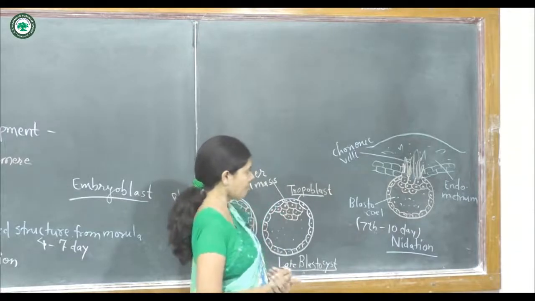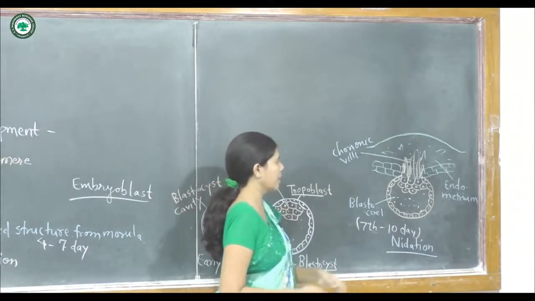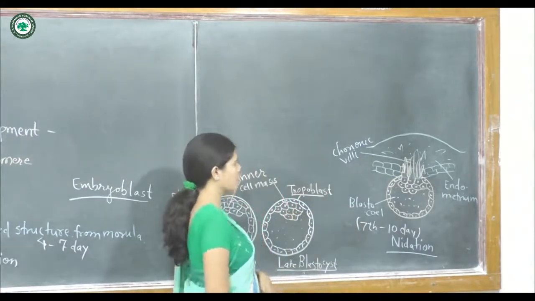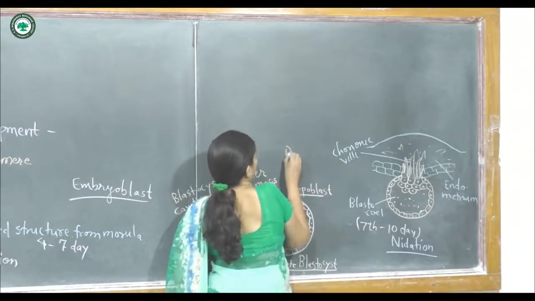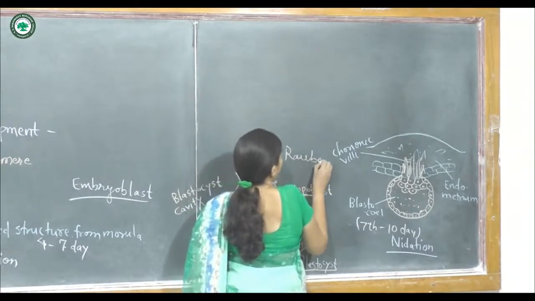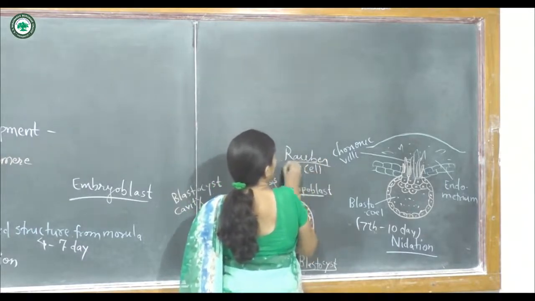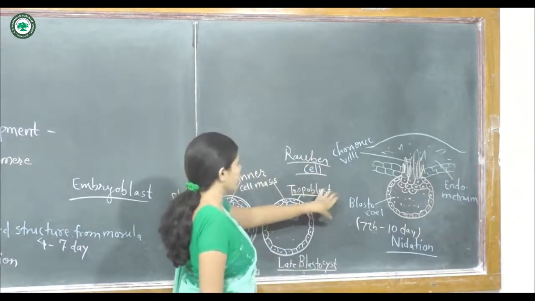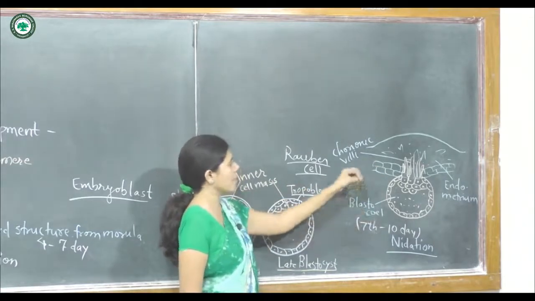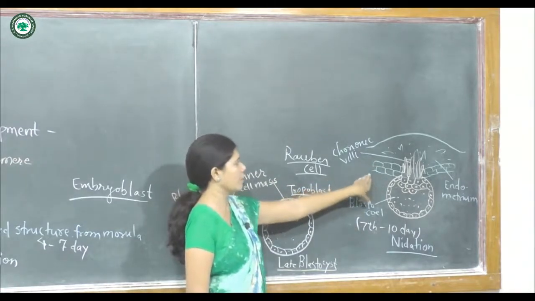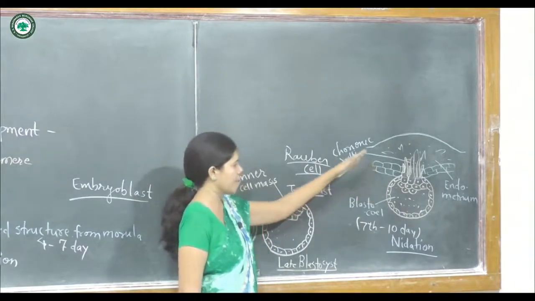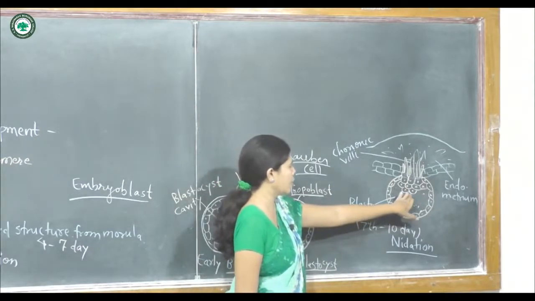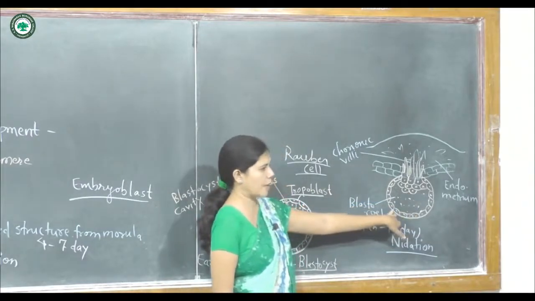At the end, the cell by which it is attached to the endometrium is known as the rubber cell, or knob cell. From the knob, it is attached to the endometrium and embedded in it, the formation of villi takes place, and the remaining blastocoele cavity consists of the embryoblastic cells as well as the trophoblastic cells.